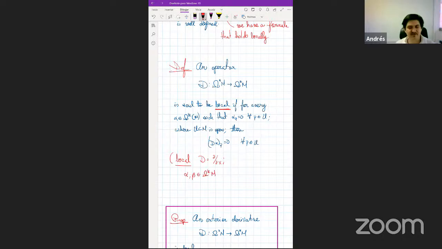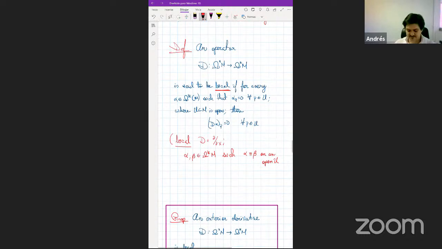If you have two differential forms, again, this is something global, but you know something local. Assume that alpha and beta agree on some open set.